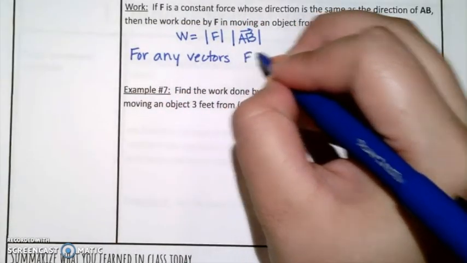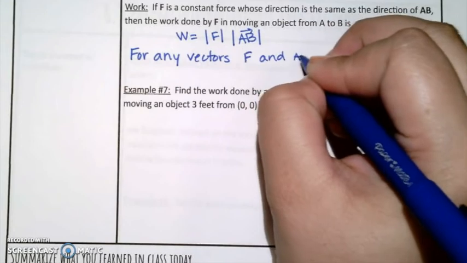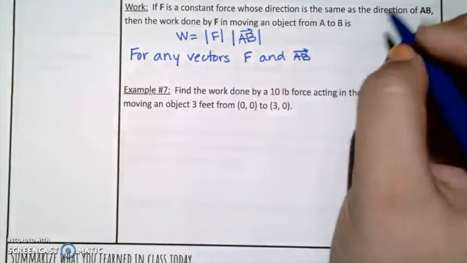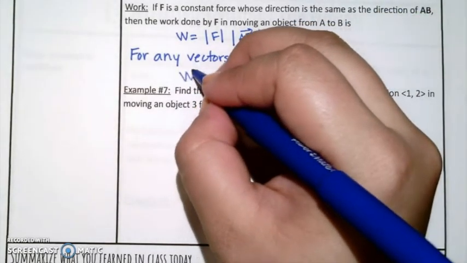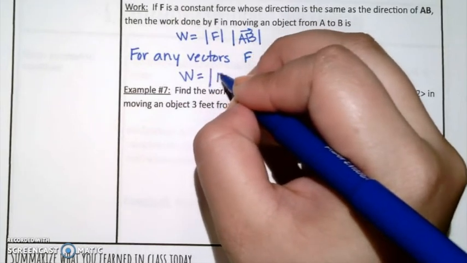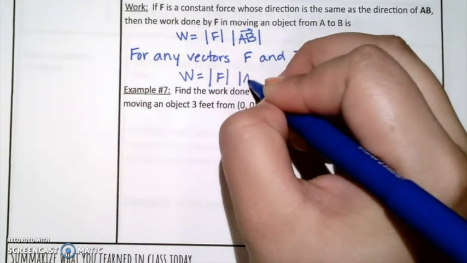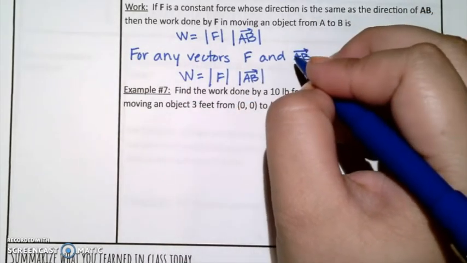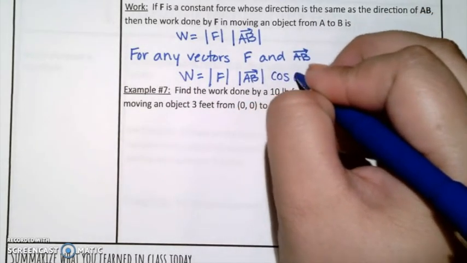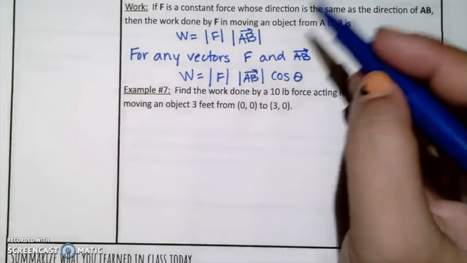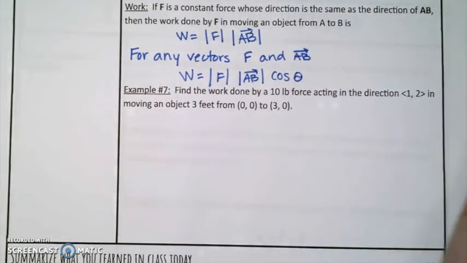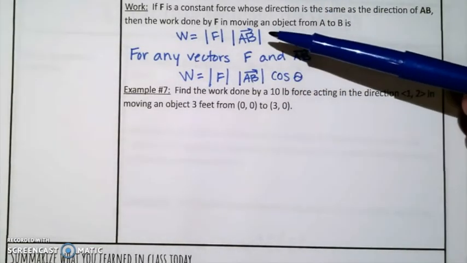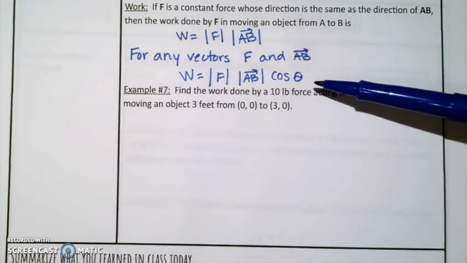F and AB, we could calculate work to be the magnitude of F times the magnitude of AB times cosine of theta. So the reason we can use this first equation, if they're pointing in the same direction, is because our theta would be 0.